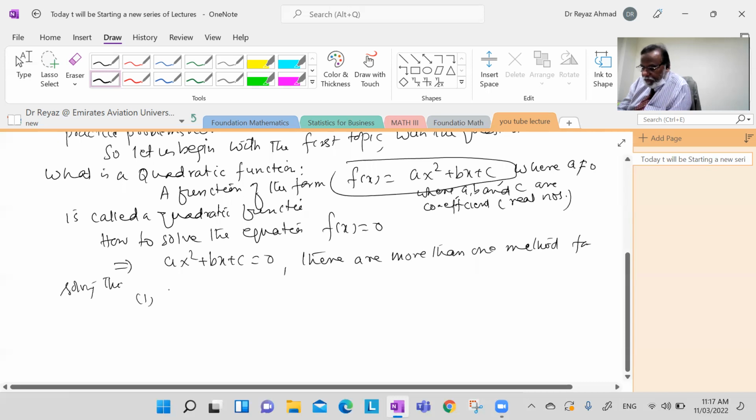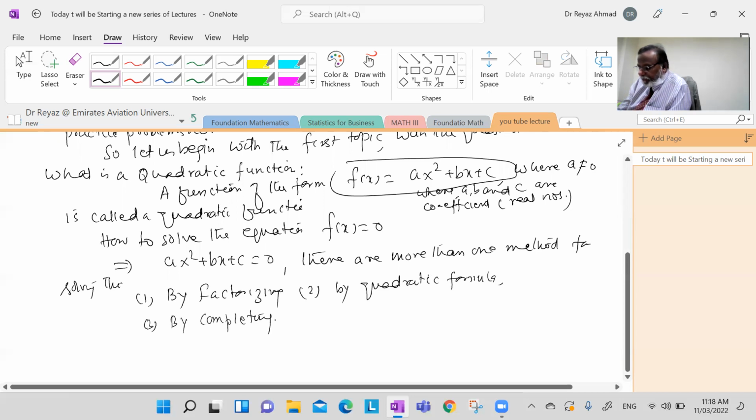Such as number 1 by factorizing, number 2 by quadratic formula, number 3 by completing square, and 4 by sketching graph of the function.